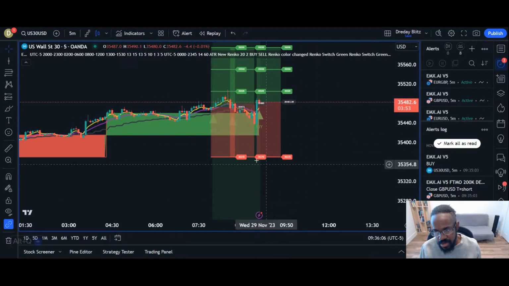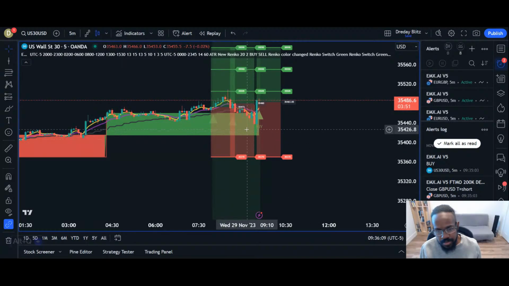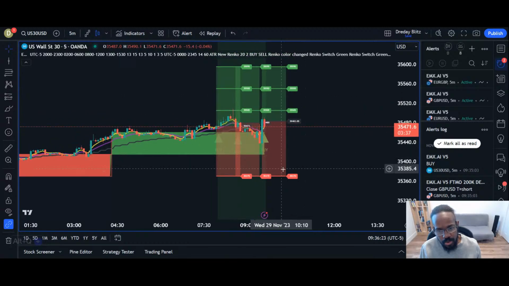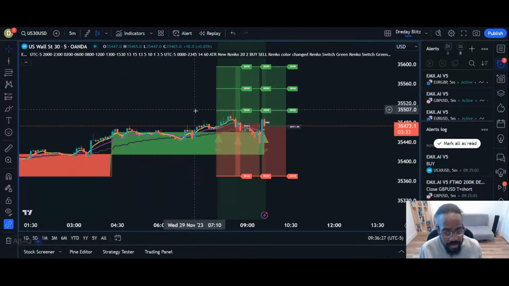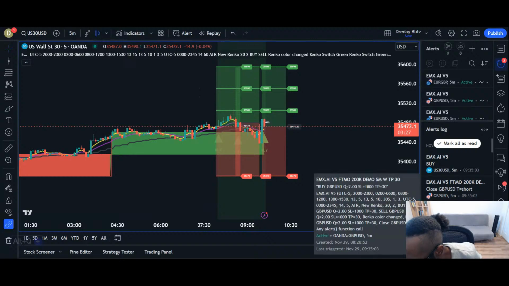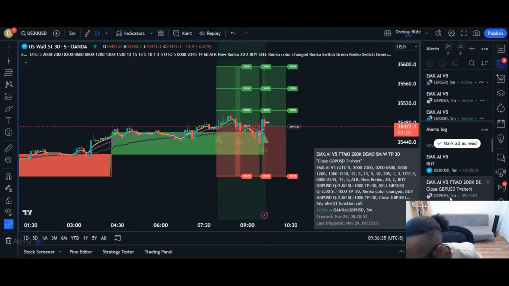At the same time, you're going to receive a notification saying that the price is switching to a red Renko from a green Renko. So basically you have double confirmation, on top of the confirmation of the color switch, more or less before or after the actual switch.